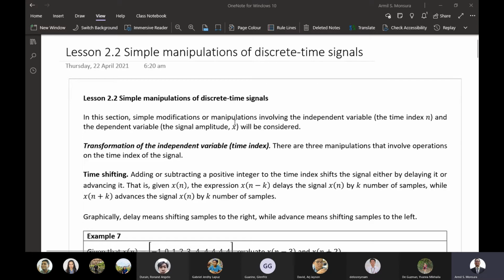So, anyway, let's start the discussion of lesson 2.2, which is about simple manipulations of discrete time signals. Okay?